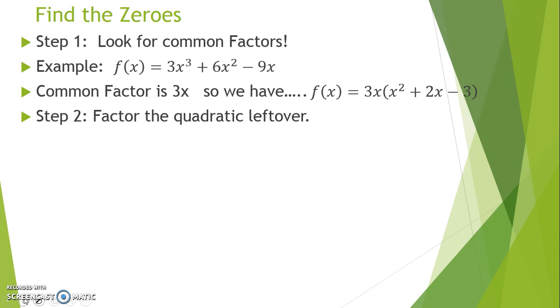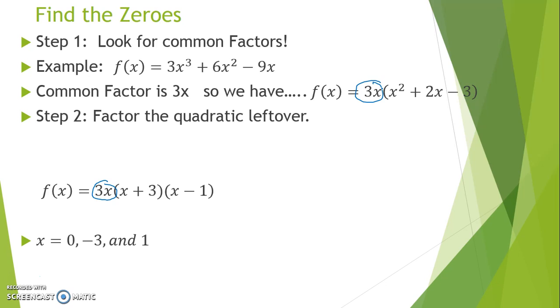So we need two numbers that multiply to give me negative 3, but add to give me 2. So those two numbers are going to be positive 3 and negative 1. And don't forget to have that 3x on the front here. Okay, this doesn't go away. Okay, so once we set all three factors equal to 0 and solve for x, we get x equals 0, negative 3, and 1.